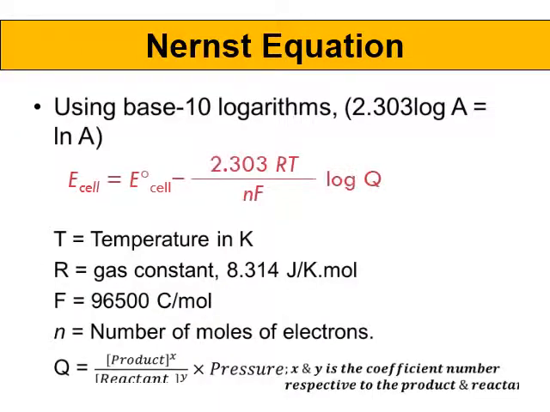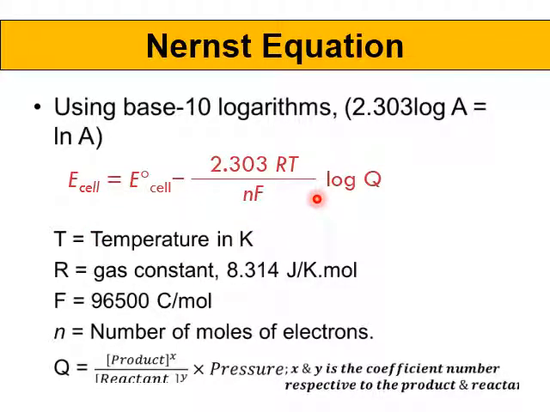And then we expand it. If you use the base 10 logarithm, 2.302 log A is equal to ln A. When we have ln A with RT here, you replace it with this value, and it comes out as a new equation. You don't have to worry much about how to derive the equation.